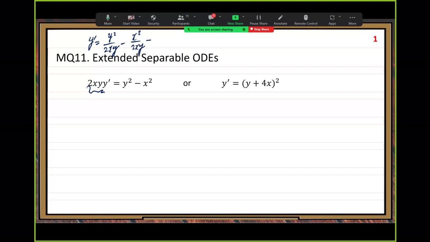You can do some simplification: y over 2x minus x over 2y. All right. So the format for the first type should be f of y over x.